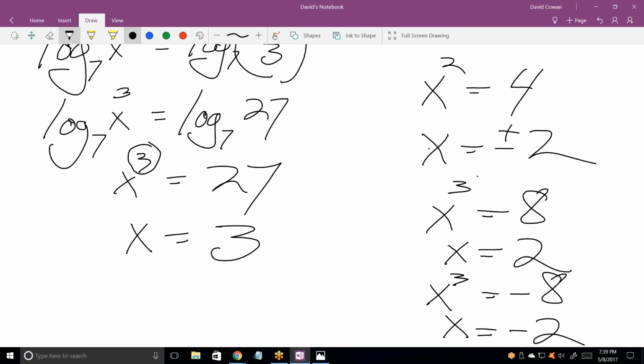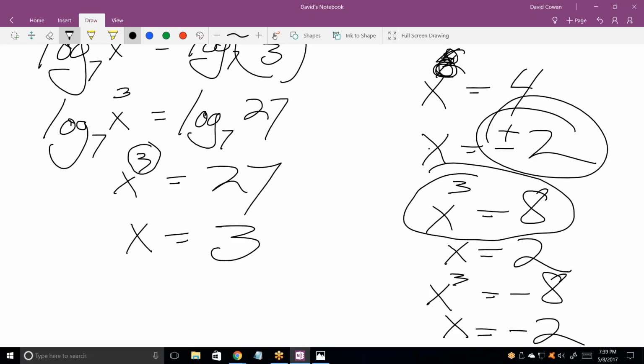So when you have odd exponents, you do not have plus or minus answers. It's only even exponents, and it doesn't have to be 2. It could be 4, 6, or 8; your answers are always going to be plus or minus. But when it's odd, your answer is either plus or minus, depending on what that is. If that's a minus 8, then the answer is minus 2. If that's a plus 8, then the answer is 2.